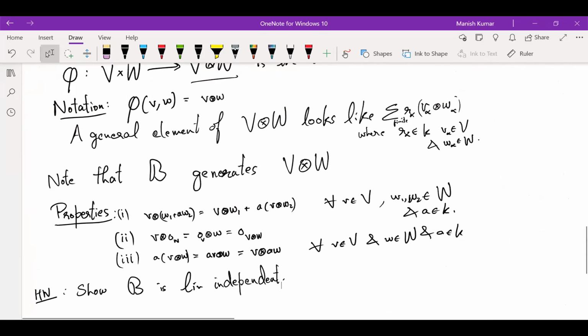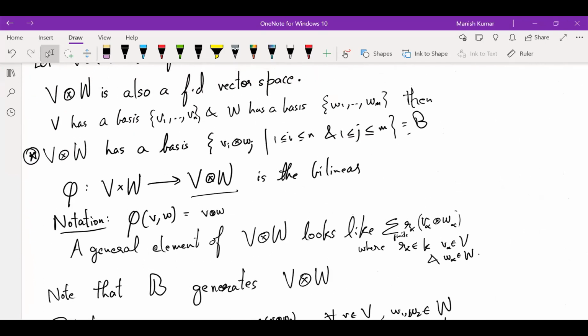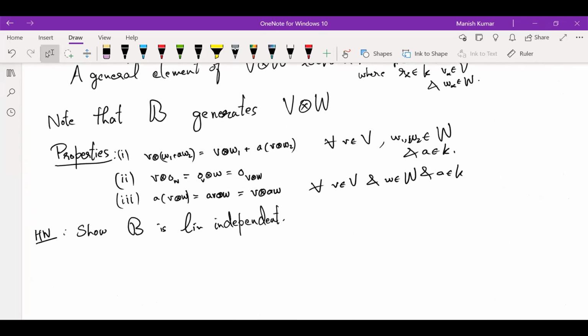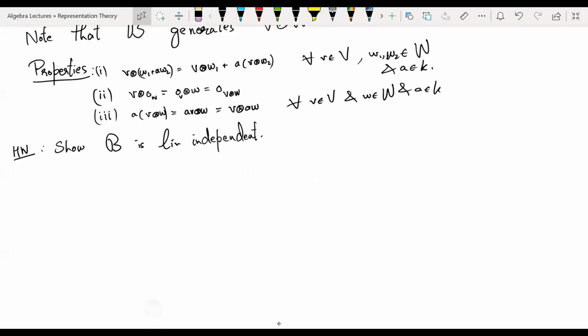But if I show that V tensor W has the same dimension as M times N, that also proves that B is linearly independent because it generates. So let me try to prove this using those properties.